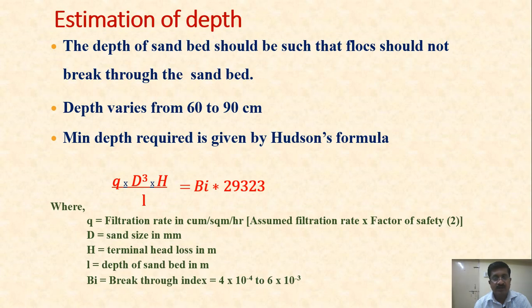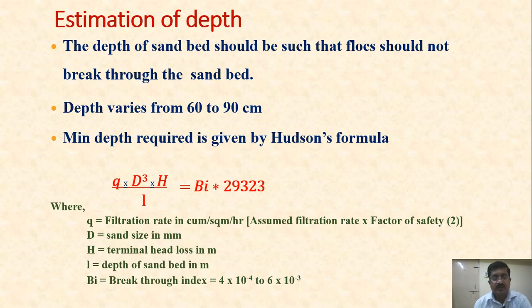29323, which is an empirical number, where Q is the filtration rate in cubic meter per square meter per hour, the assumed filtration rate multiplied by a factor of safety. D, capital D, is the sand size in mm. H is the terminal head loss in meter.